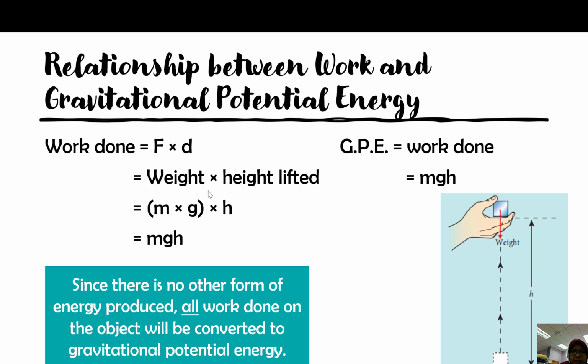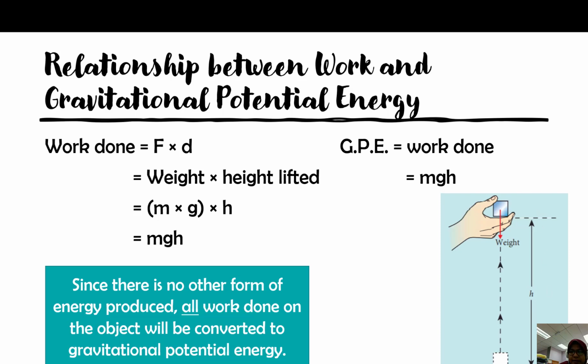Weight is mass times gravitational acceleration. When we substitute this as weight, we have mg from the weight, and h is the distance. So you don't really need to memorize, it's actually from here.